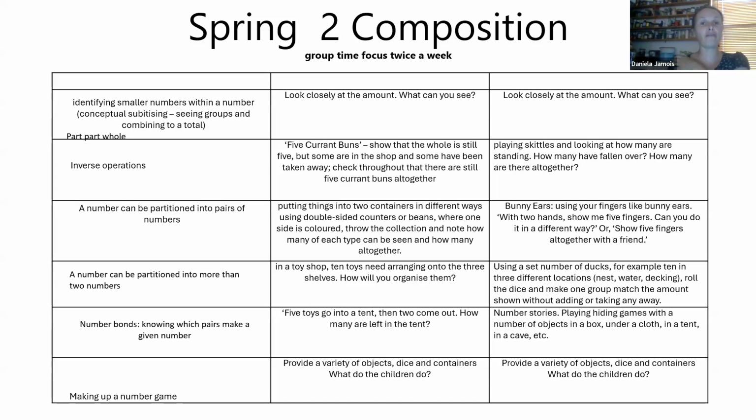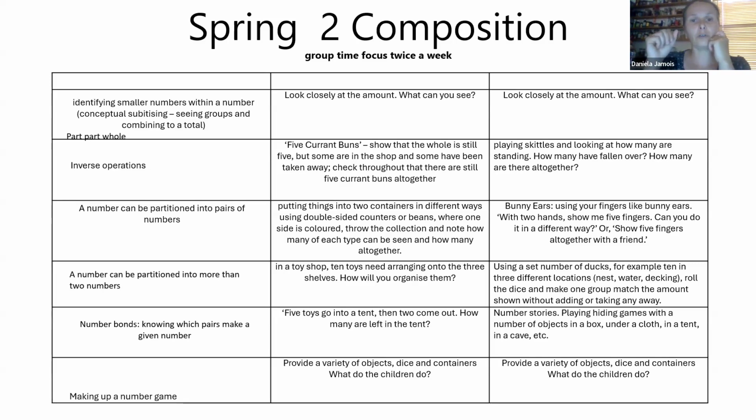So if you've got 5 beans, one side is black and one side is white, you will say how many black did we have and how many white and how many have we got all together, and you'll say, oh wow, actually there is still 5. It doesn't change. No matter how we throw it, we've still got the same total amount, but the amounts in it change, and that's really fun and interesting for the children to discover.